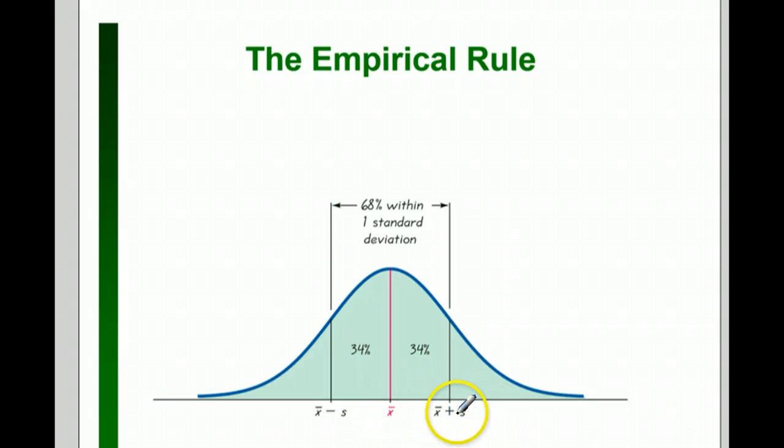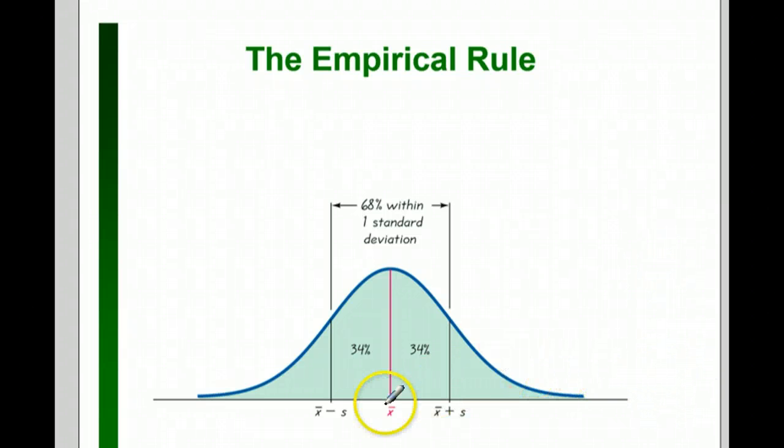Up to one standard deviation above and one below, because of the symmetry in the bell curve, we roughly get a third of the data, or around 34% above and 34% below. If we add those two 34%s together, we get the 68 from the empirical rule.